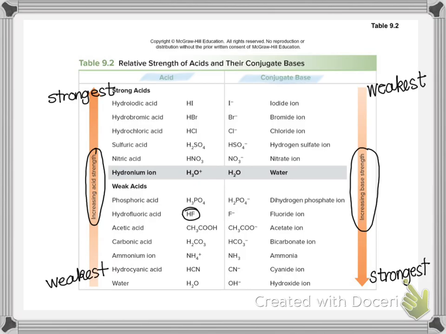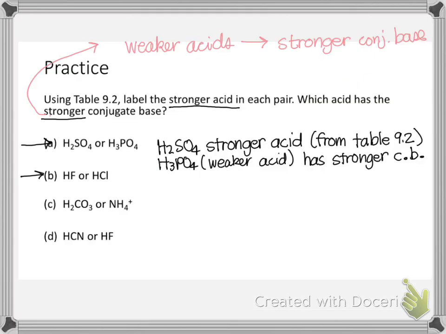HF and HCl. So HCl is higher, so it is the stronger of those two. So HCl is stronger because it's higher on the table. And that means HF is the weaker acid, so it has the stronger conjugate base.